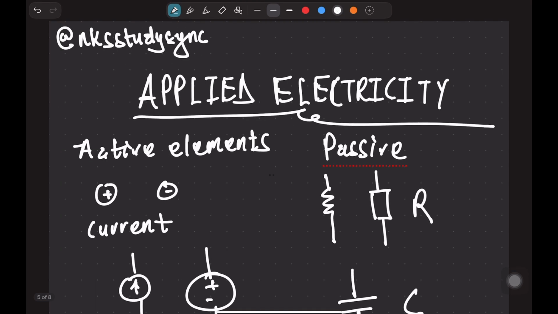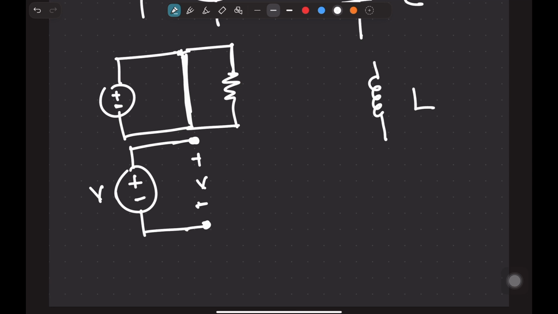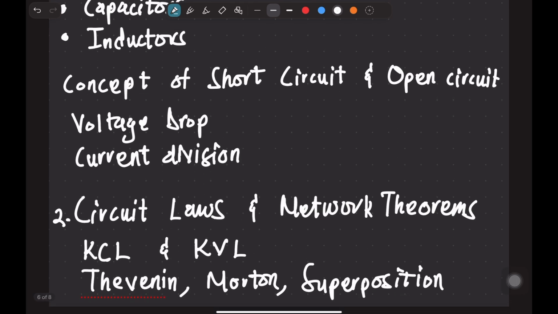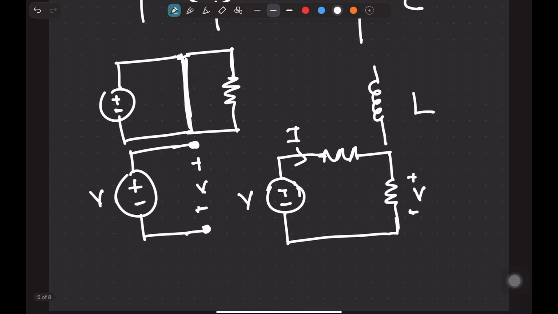We also discuss voltage drop, and current division.